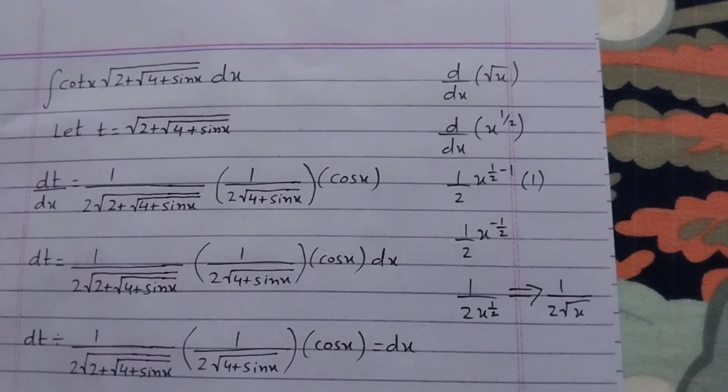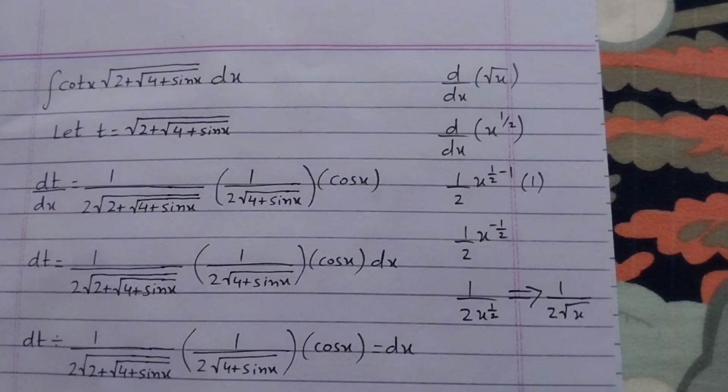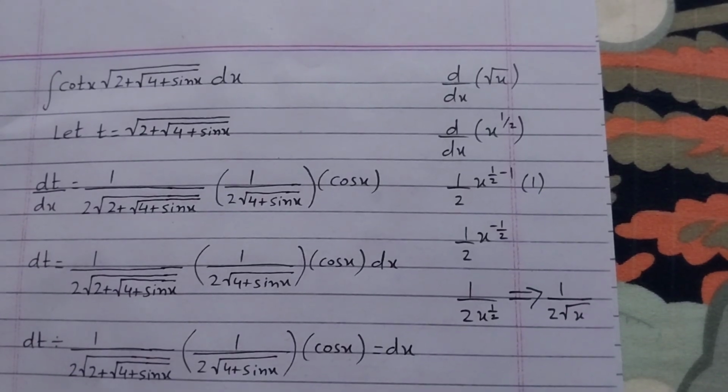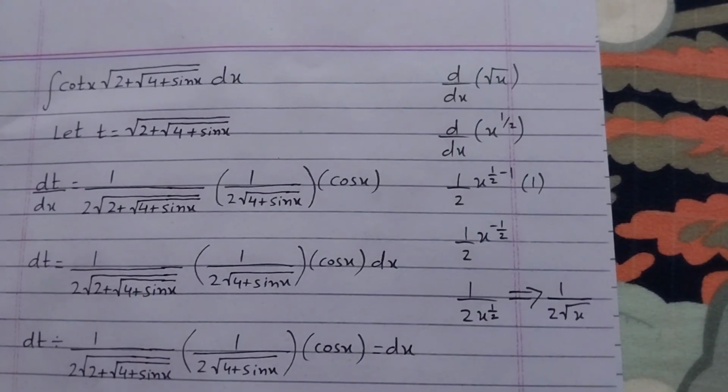So the point of this discussion was that whenever we have an expression which involves square root, its derivative is just 1 over 2 times square root of that expression which is written inside the square root.